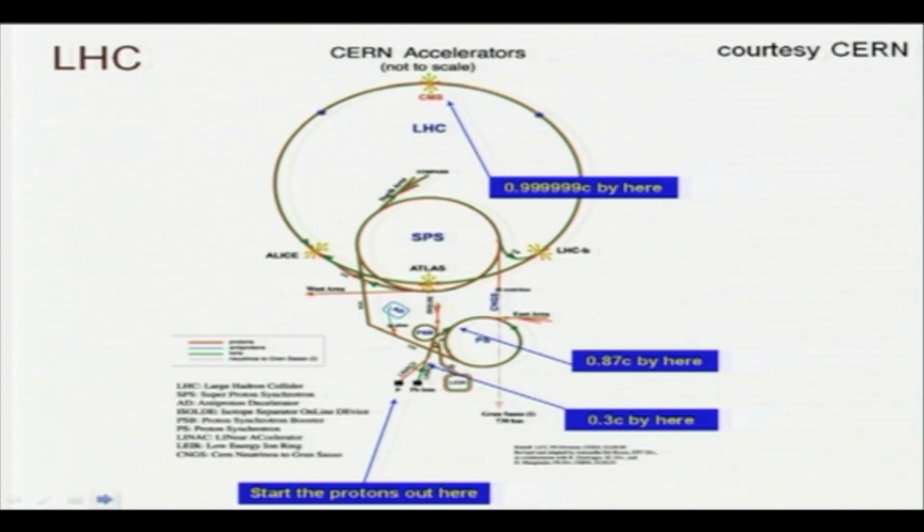In fact, before the LHC, which is a proton collider, in the same tunnel, in the same accelerator, positrons and electrons were accelerated and collided.